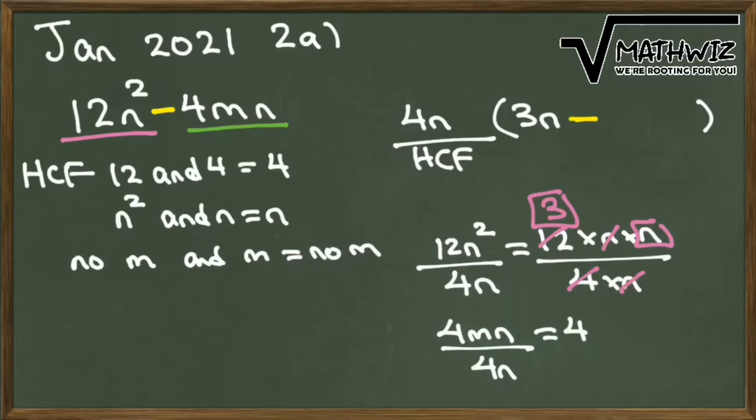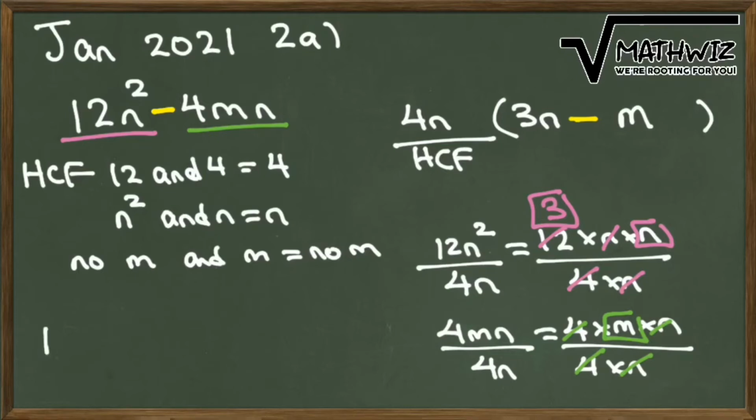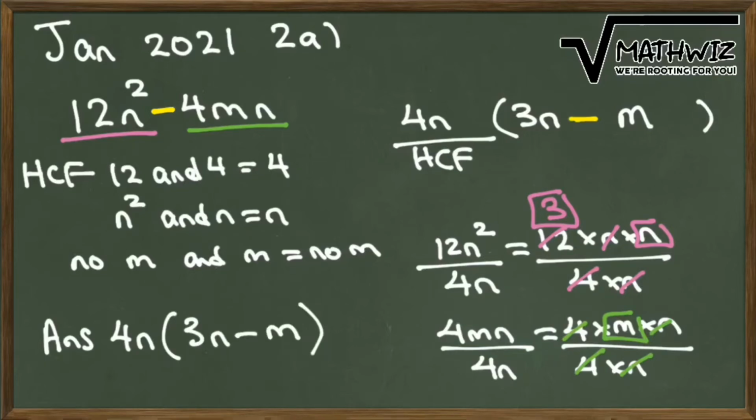So 4mn is just 4 times m times n, and 4n is just 4 times n. So the 4's cancel, the n's cancel. All we're left with is the m, and that is what goes in the bracket. So your answer for this question would be 4n open bracket 3n minus m.